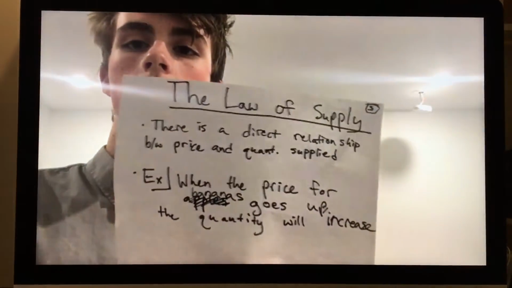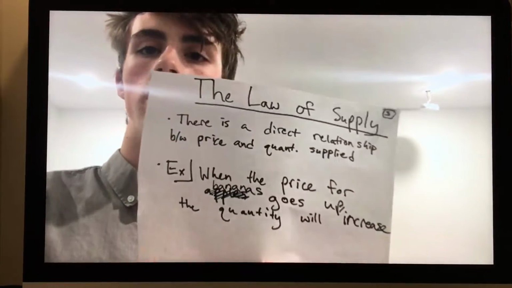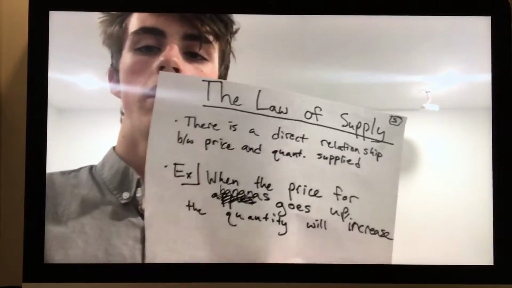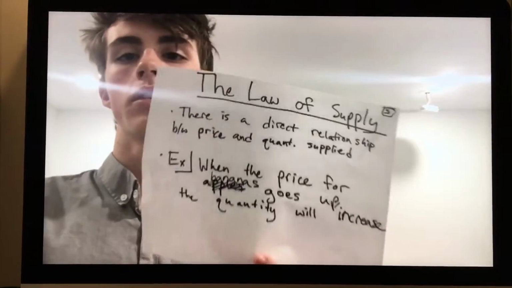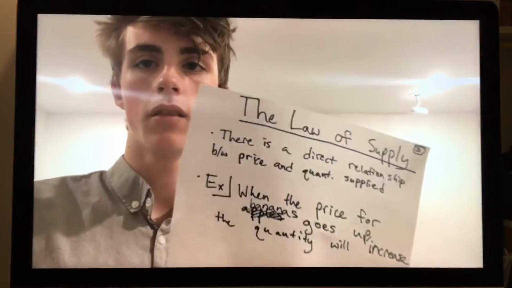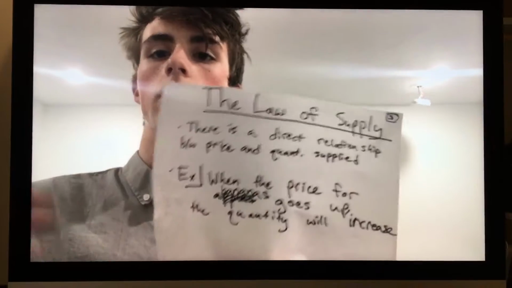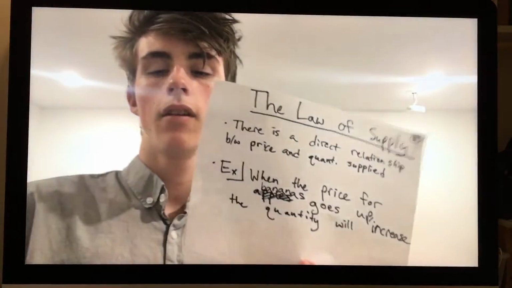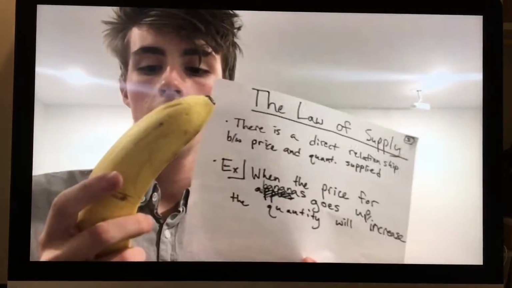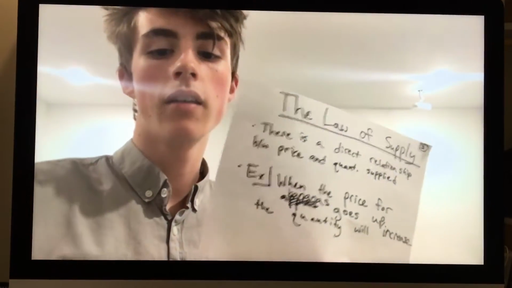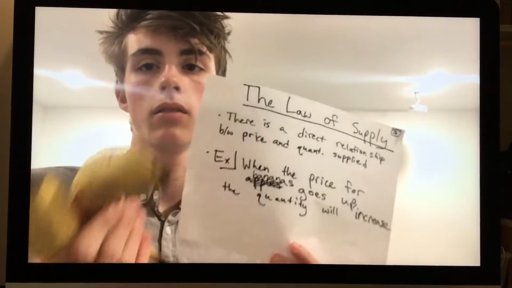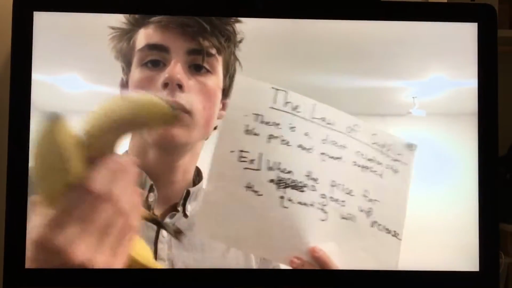Alright, so switching over to supply, the most important aspect to know is the law of supply. This law states that there's a direct relationship between the price of a good or a service and the quantity produced. So, for example, if the price of a banana increases, then more bananas will be supplied because producers want to make more of a profit.